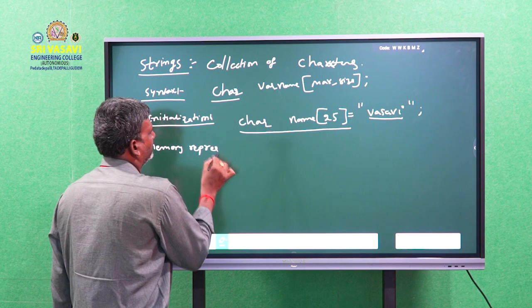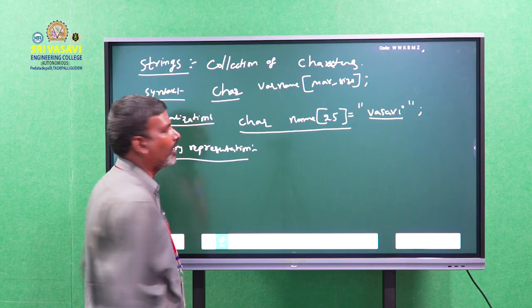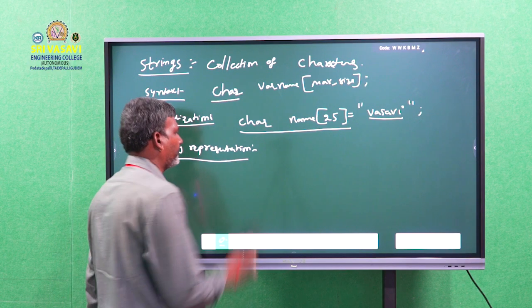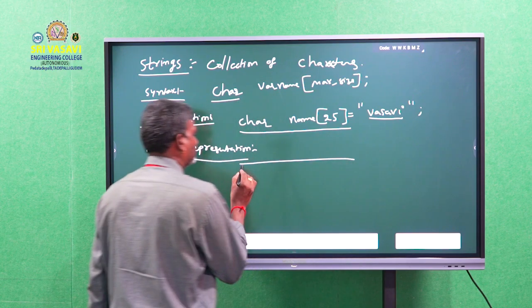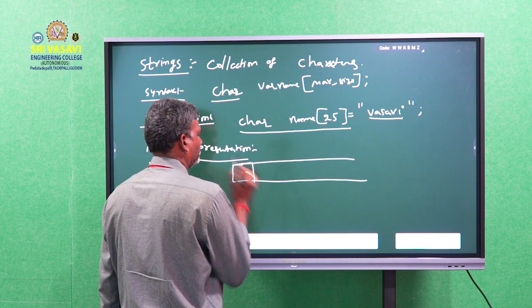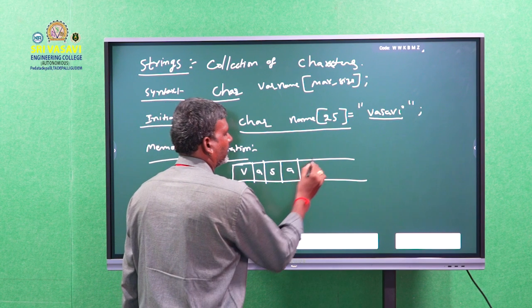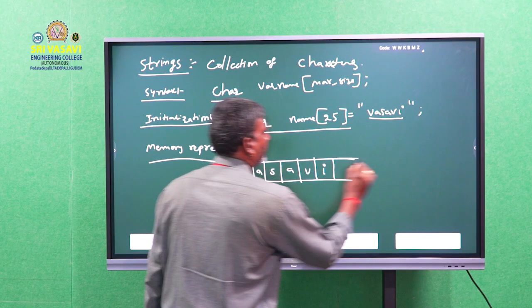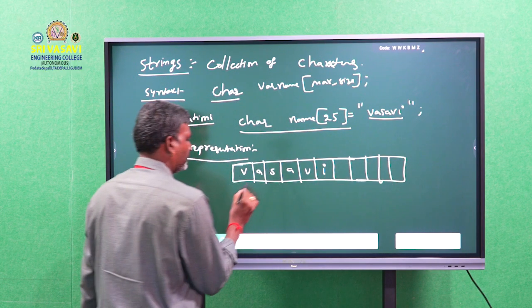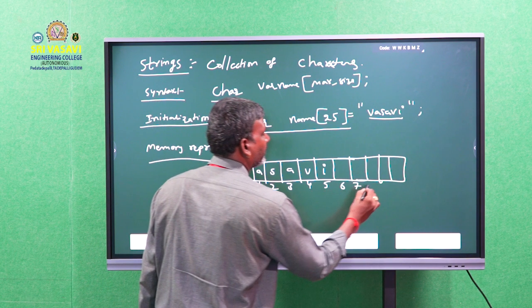Memory representation. How can we store a name in memory? Index positions are zero, one, two, three, four, 5, 6, 7, and so on.